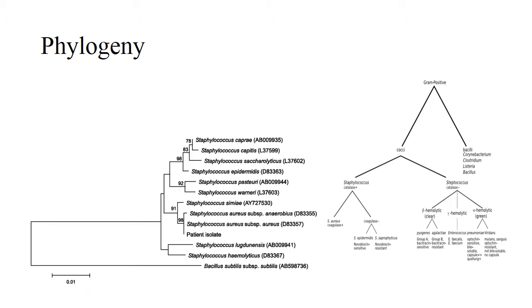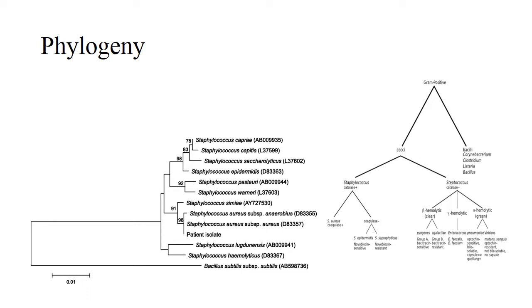So under gram-positive, we have the cocci and the bacilli and all the other bacteria that are gram-positive. Under cocci, we have Staphylococcus and Streptococcus. Streptococcus is catalase negative.